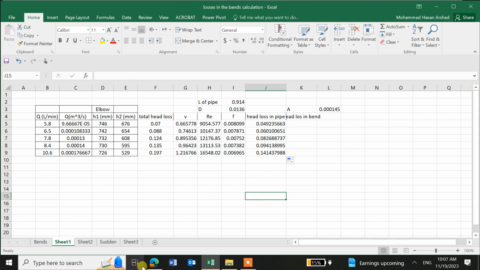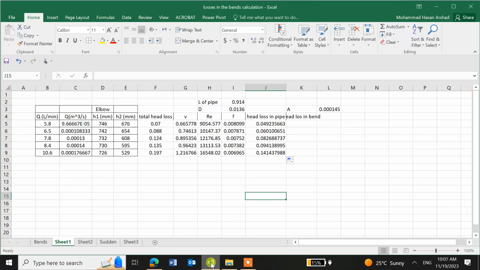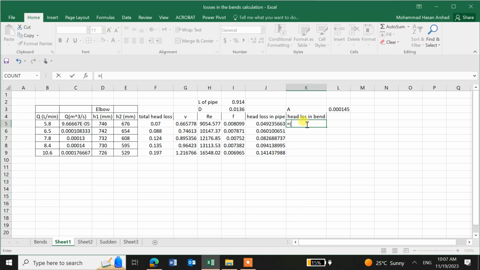Head loss in a pipe, once we find the friction factor F, is 2 F L V square over g D. So this is the head loss in pipe. What we do is subtract total head loss minus head loss in pipe. That is basically in the bend.